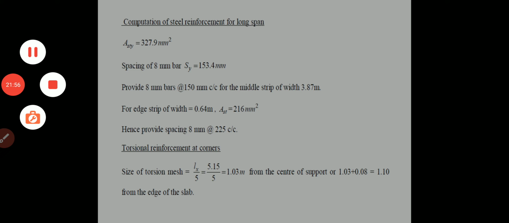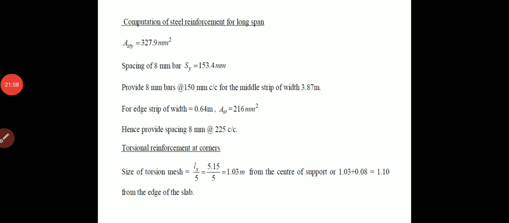Torsional reinforcement at corners. Here we calculate torsional reinforcement at corners. The size of the torsion mesh equals LX divided by 5. So here the LX value is 5.15 divided by 5. We get a value equal to 1.03 meter from the center of support.